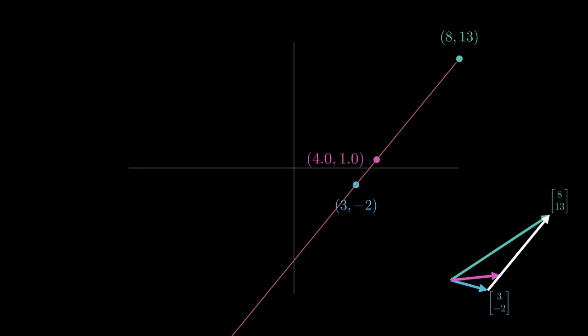So what we need to do is find the point S that is on the y-axis and also on that line. Okay, so that's just the y-intercept of this line in pink.